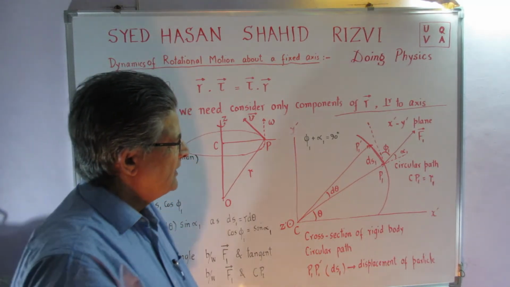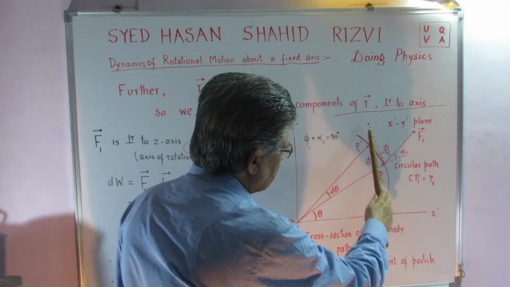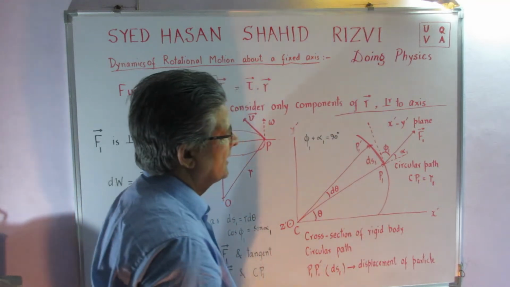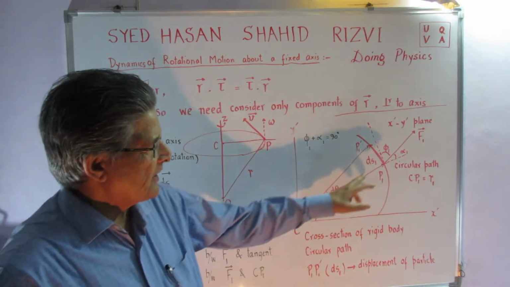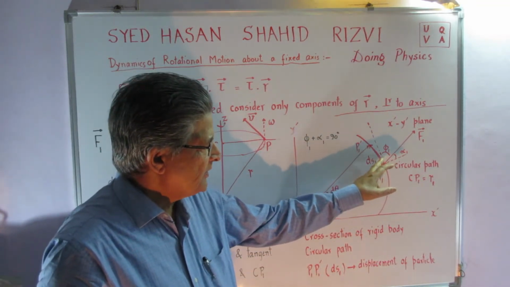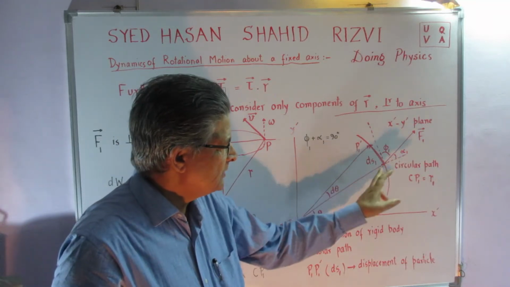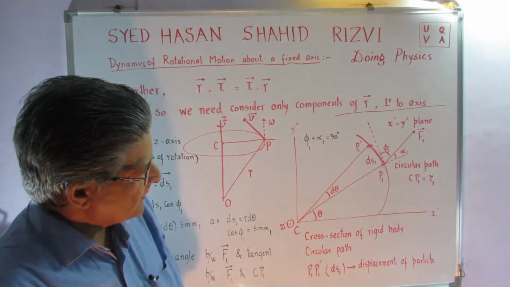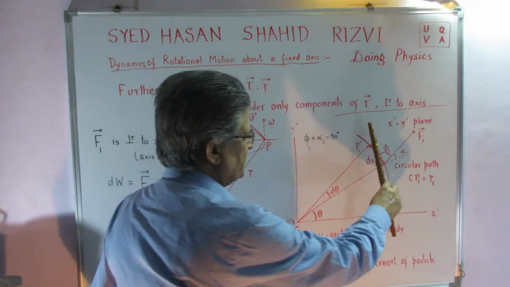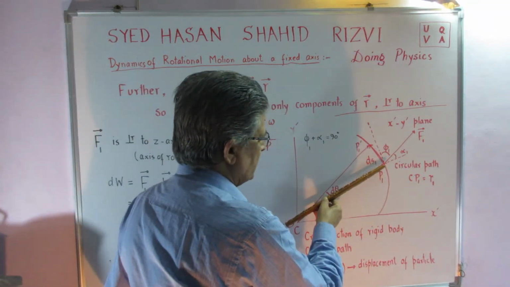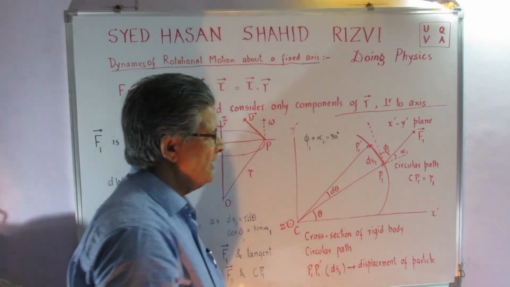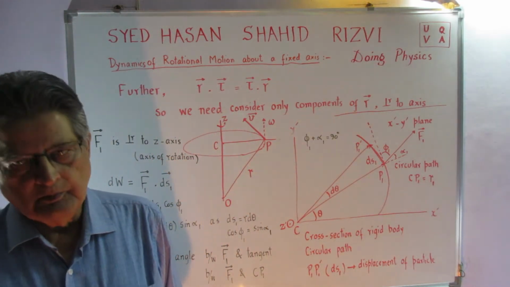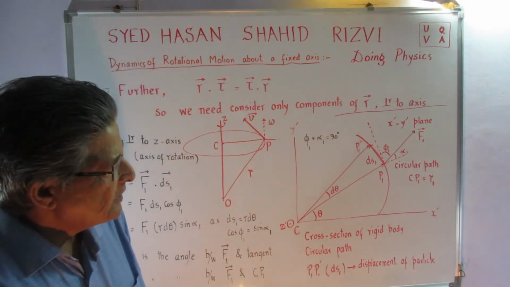Because the velocity vector is in this direction, this makes an angle of 90 degrees with this radius vector, because they are perpendicular to each other. This is tangential to the path, and this is radial, and the angle between the radius and the tangent is equal to 90 degrees.